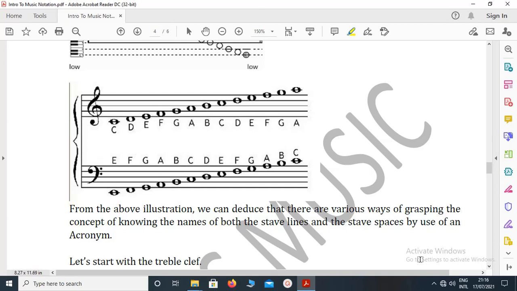Now, you can imagine how big the space is. This space, no matter how wide it may be, this is a space. It can even be as wide as a meter apart, no problem.